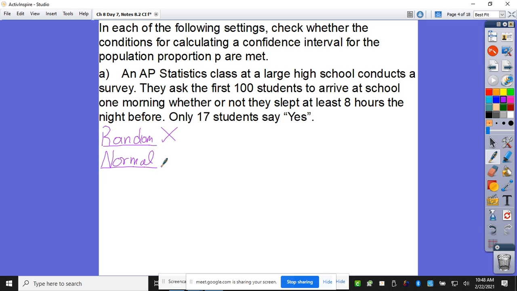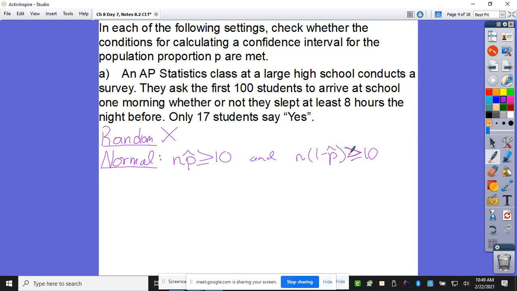All right, so our second condition is normal. What would I be checking for here? We would have to be checking for this. Because we're doing it for the sample, this often gets really easy, and I usually don't do as much math here.